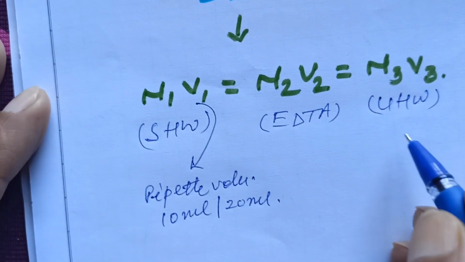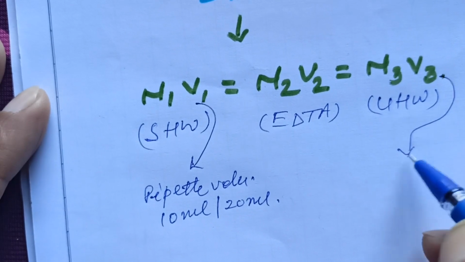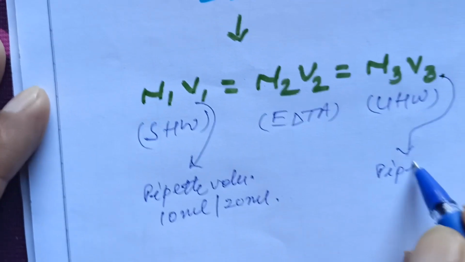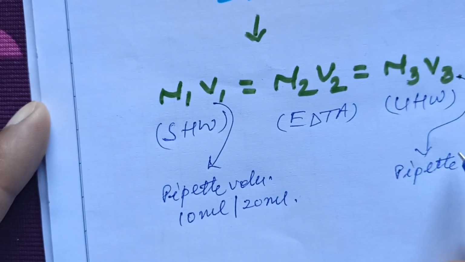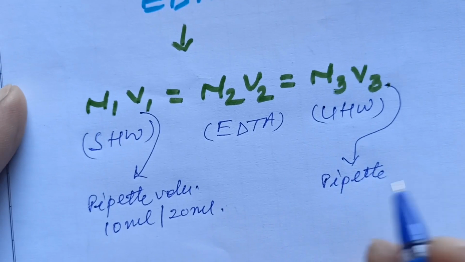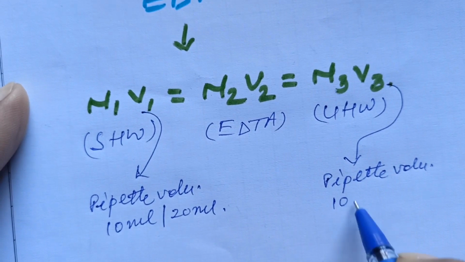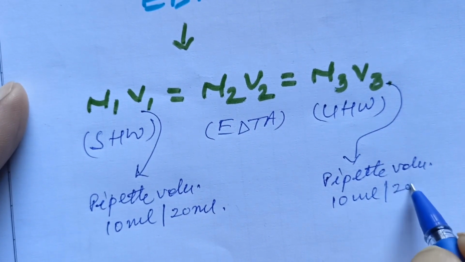And this V3 is also a pipette volume, which is also 10 ml or 20 ml.